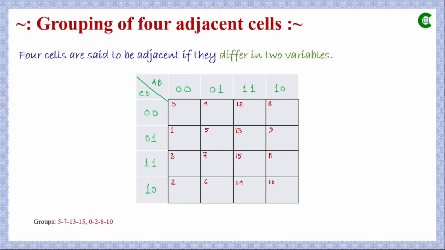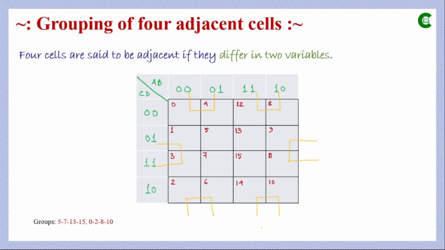Also if we evaluate the cells 1, 3, 9, 11, we will see these 4 cells can form a group, and also 0, 4, 2, 6 can form a group, and also 12, 8, 14, 10 can form a group, and this time also the logic is the same.